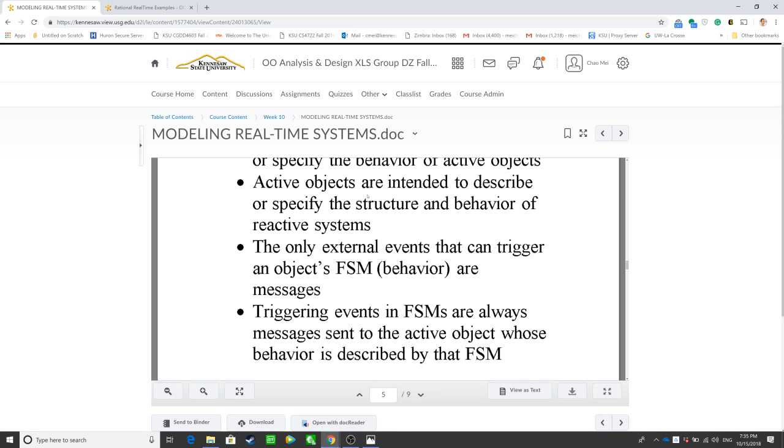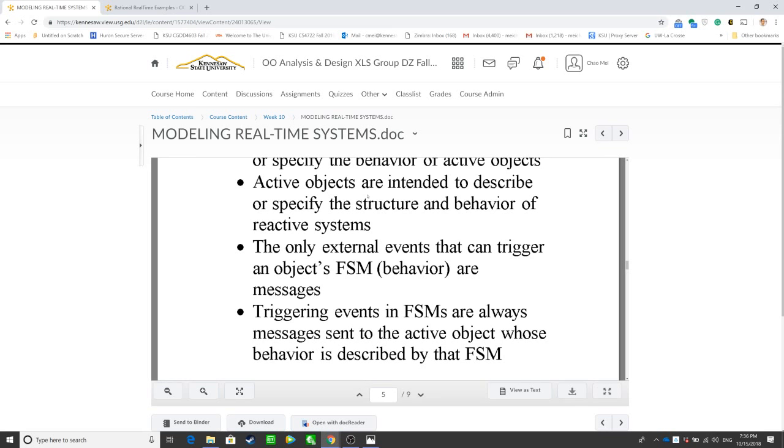However, in this class diagram, instead of calling it a class, we call it a capsule. Another word, capsule. But still, that's a class. It's an active class.